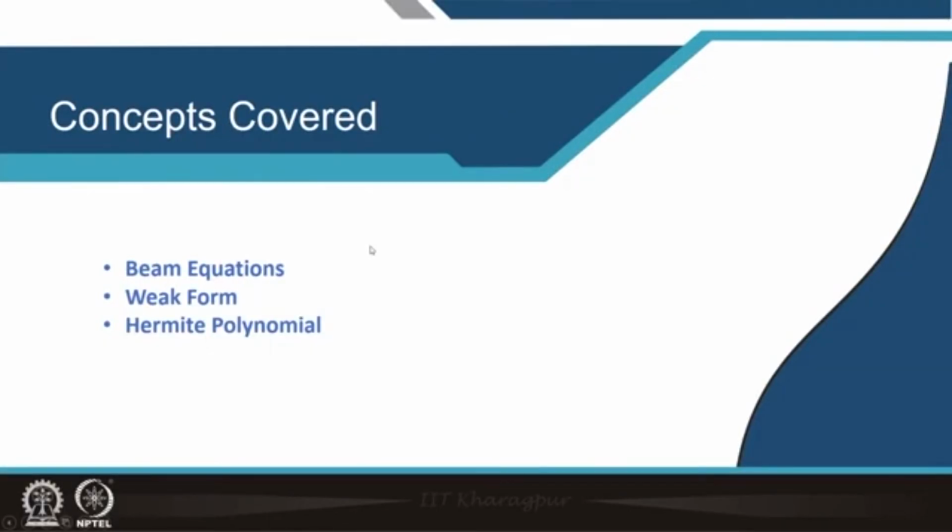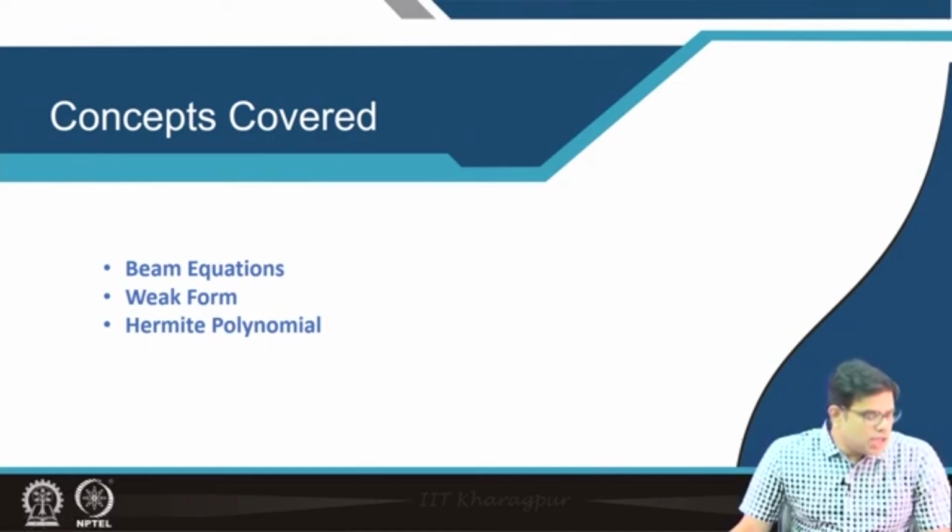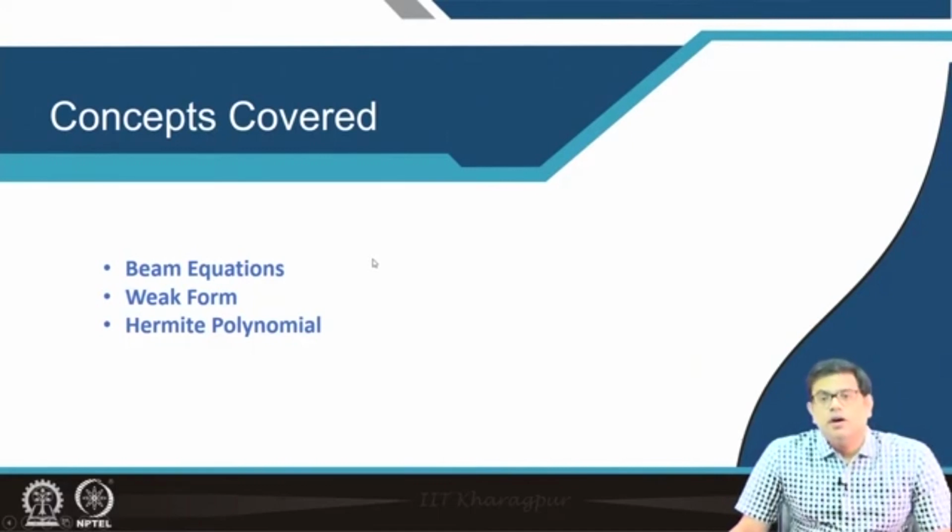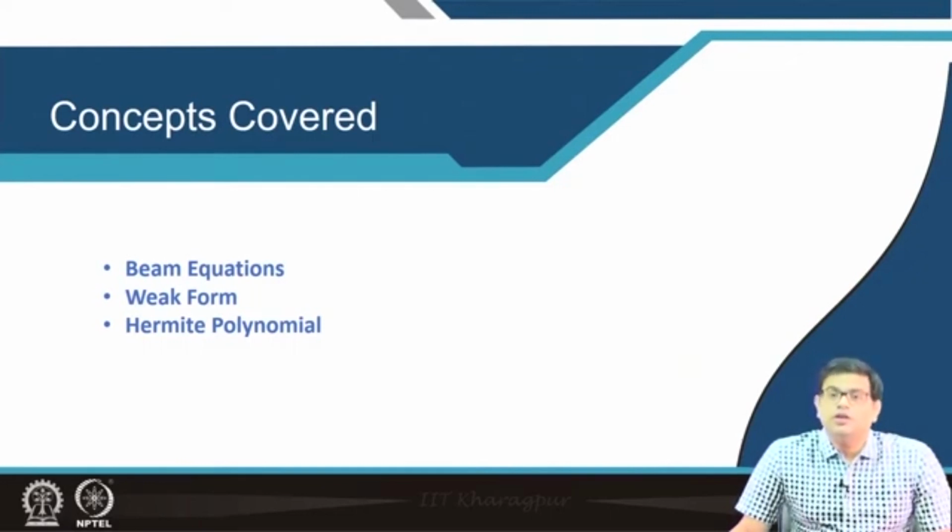First I will briefly touch upon the mechanics associated with the beam, especially the Euler-Bernoulli beam, and then we will construct the weak form, and finally we will proceed towards beam shape functions, which are based on Hermite polynomials, contrary to what we used for the bar, the Lagrange polynomial.